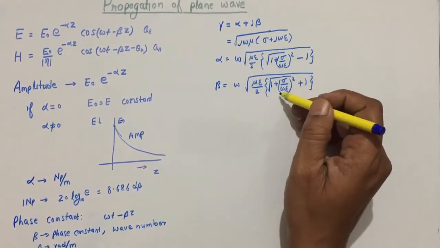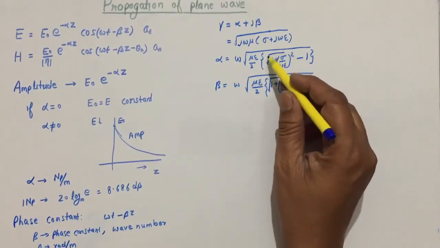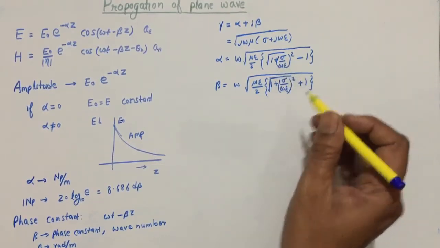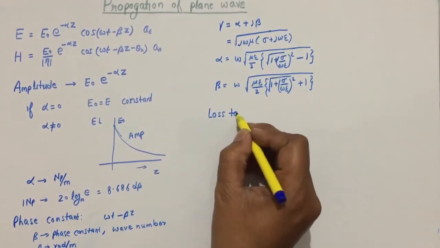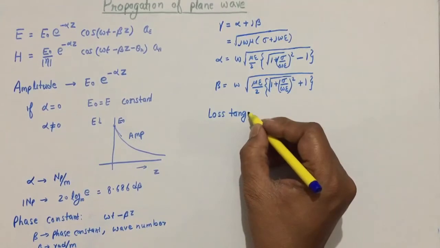Now it is required to simplify this, and for simplifying this factor, a new term is defined, that is loss tangent. That is an important one.